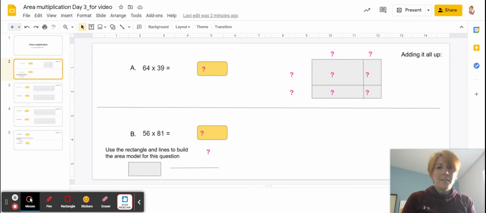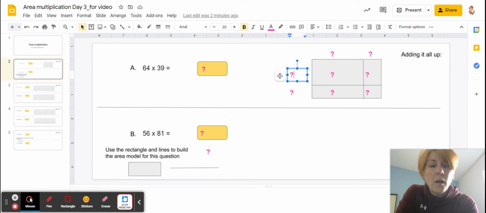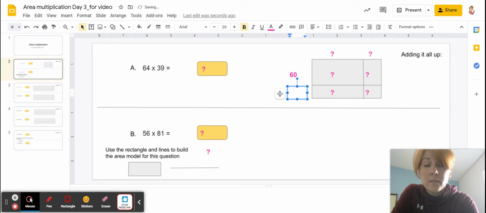We have 64 times 39. So I would go ahead and build that. It doesn't matter which side I build my 64 on, just so long as the 60 and the 4 are on the same side. I wouldn't be able to put the 60 and the 9 here because that's not either of those two numbers.